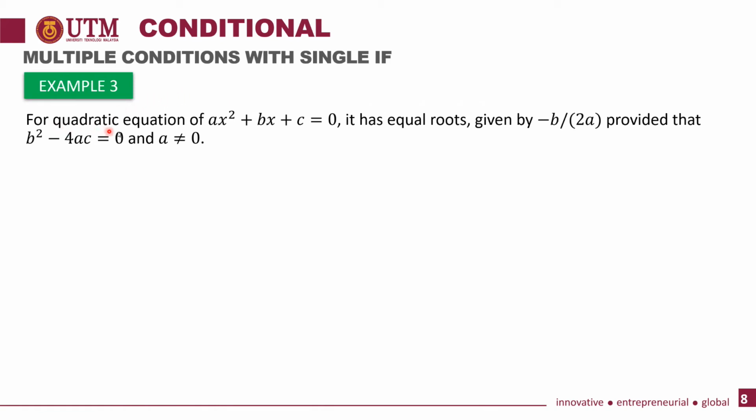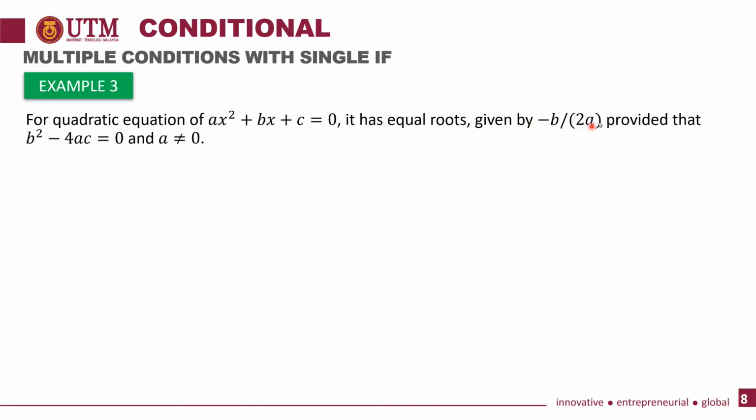Okay, for a quadratic equation of ax squared plus bx plus c equals 0, it has equal roots given by negative b over 2a, provided that b squared minus 4ac equals 0 and a is not equal to 0. Okay, so for this question, as you can see here, the quadratic equation ax squared plus bx plus c equals 0 has equal roots, which are given by these equations.